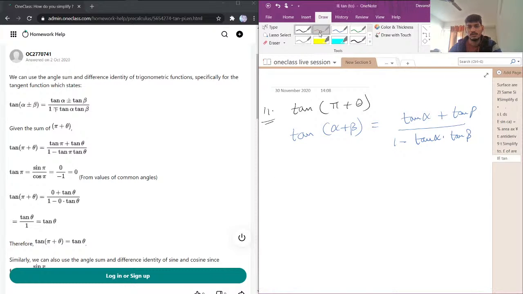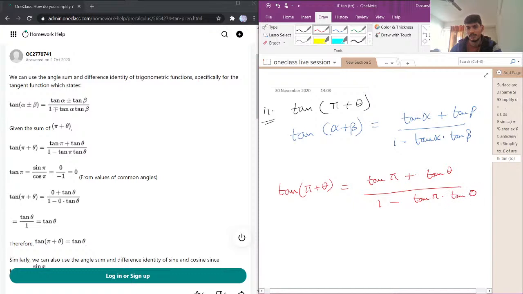So tangent of pi plus theta will be equal to tangent of pi plus tangent of theta over 1 minus tangent of pi times tangent of theta.